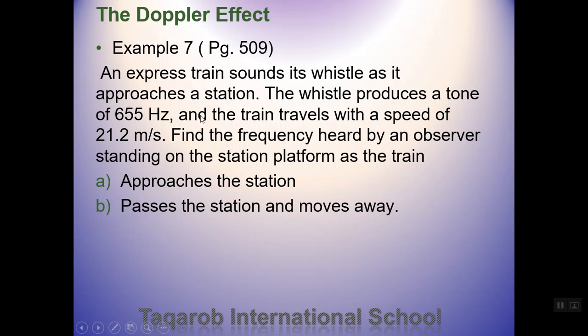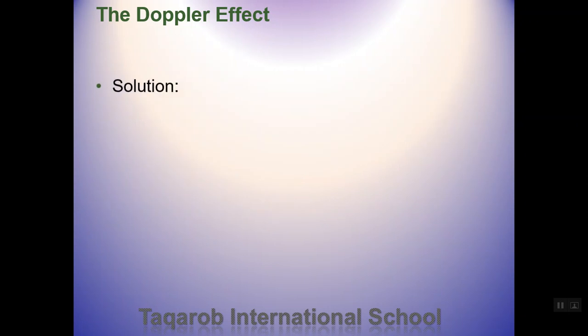The whistle produces a tone of 655 Hz and the train travels with a speed of 21.2 meters per second. Find the frequency heard by an observer standing on the station platform as the train approaches the station. This is case A. Case B: the train passes the station and moves away.